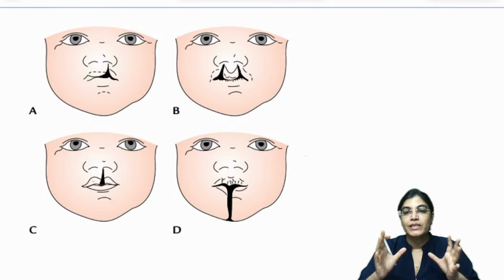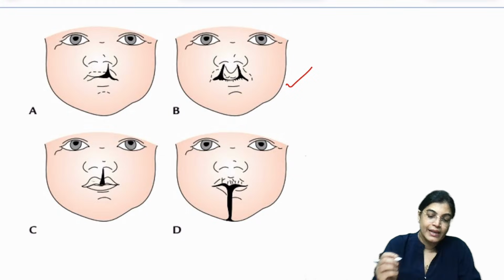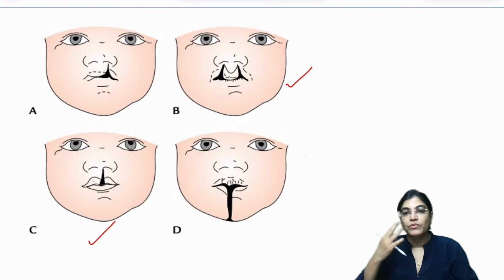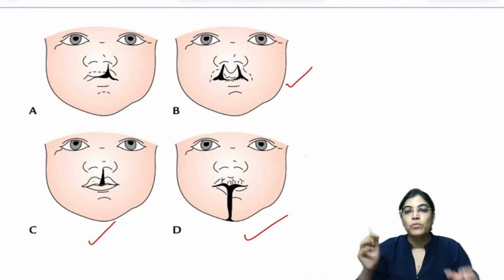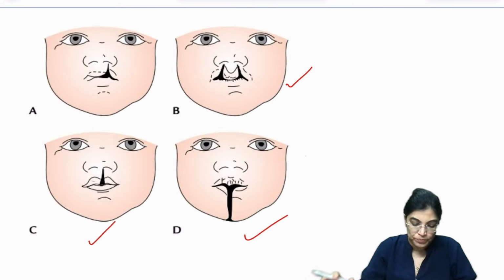If the entire frontonasal process is not fusing with the maxillary process, it is a case of bilateral cleft lip. If there is a developmental defect of the philtrum, it is a median cleft upper lip, and if the two mandibular processes are not fusing, it will lead to cleft of the lower lip.